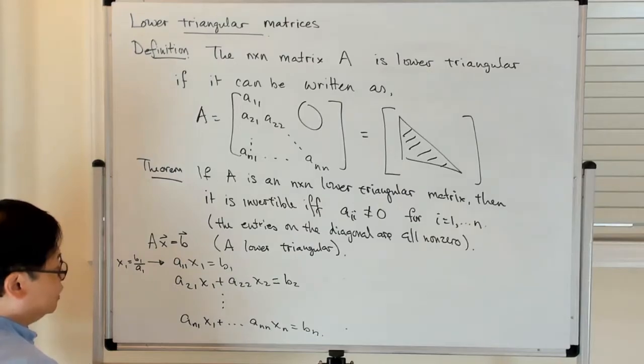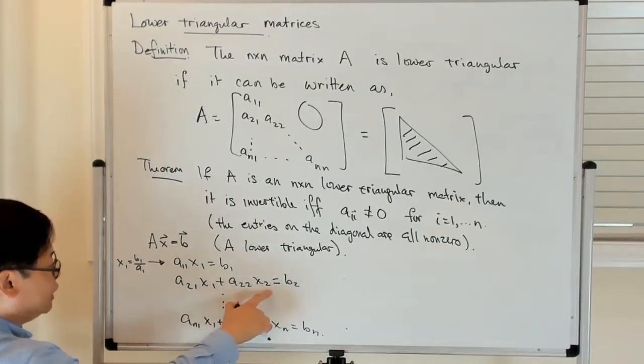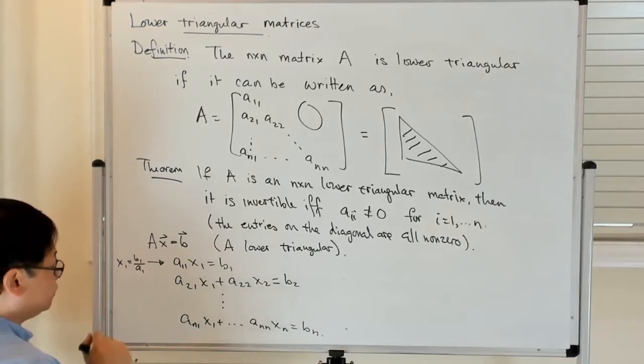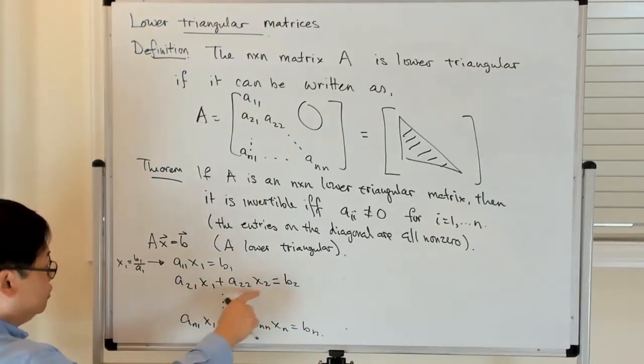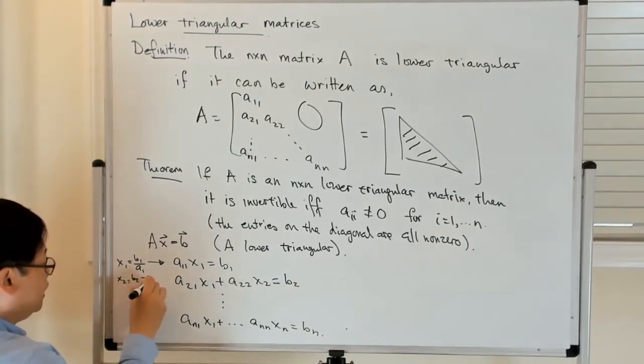Okay, so once you know x1, then you look at the second equation. The only thing you don't know in the second equation is x2, because you already know x1 from the previous step. So now x2 is b2 minus a21 x1, divided by a22.